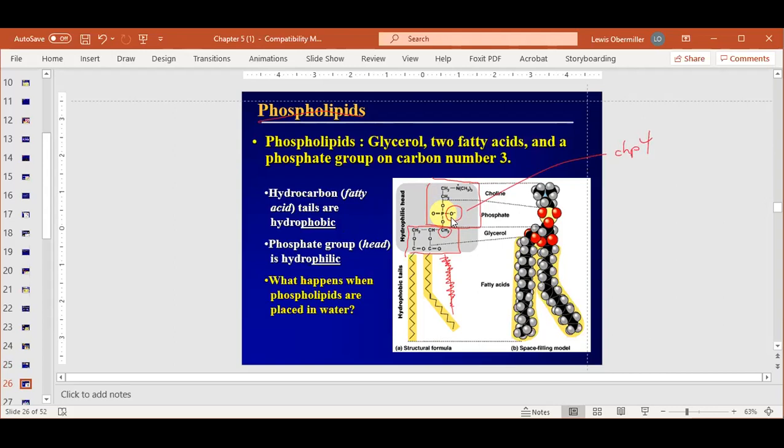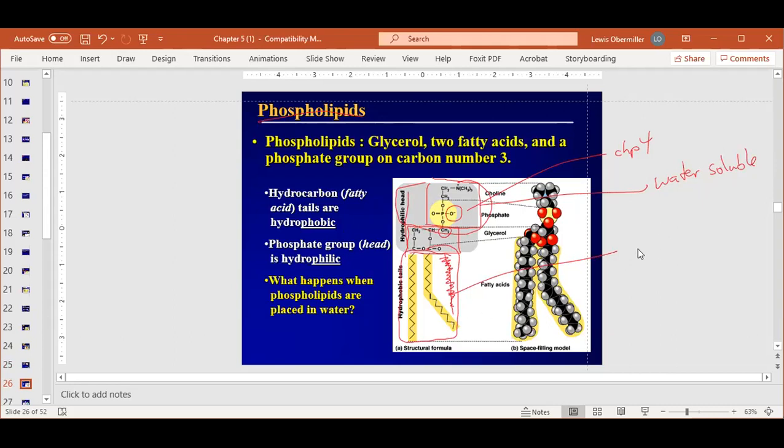So if it has a charge, is it water soluble or not water soluble? Water soluble. Right. So this part of the molecule is water soluble, which we call hydrophilic. And this part of the molecule is made out of fatty acid tails. So is this water soluble or not?